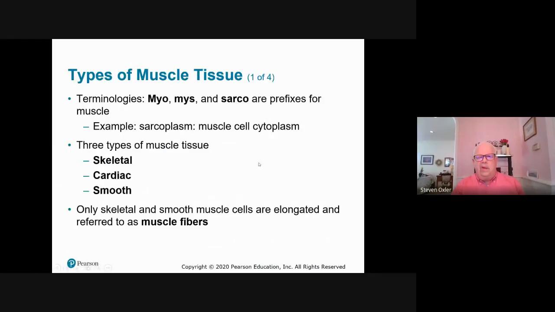from this. Okay? So it has its own terminology. It has its own prefixes. There are 3 types of muscle tissue, and you should know each one because I'm going to ask you questions on exam number 4 on the 3 types of muscles and how they differ. Skeletal, which is the majority of your muscles, cardiac, which obviously is your heart, and smooth.